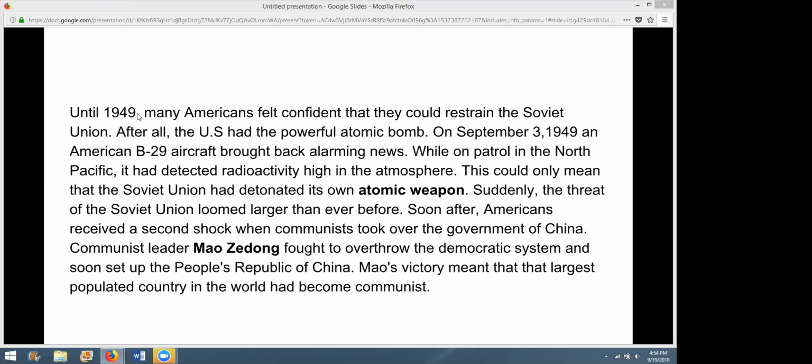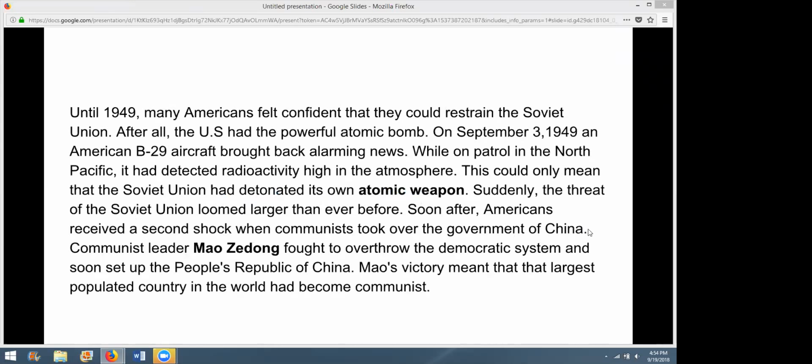This example would be a reason why you probably should know a date, because there's a lot going on here. For instance, the Soviet Union detonated its first atomic weapon. Huge. Before then, the United States was the only country that knew how to use atomic weapons until 1949.